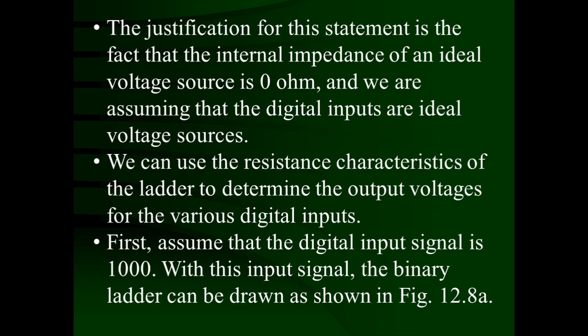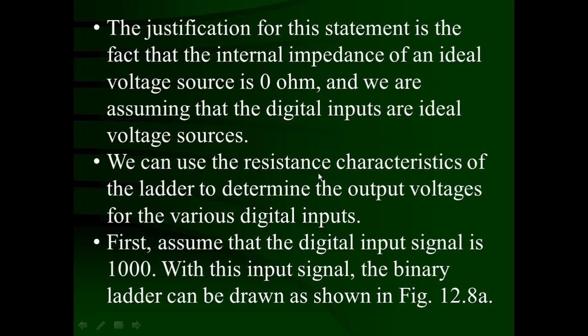And hence, in both conditions, whether it is connected to the 0 or to the 1, the resistance from any node toward the digital input is going to be 2R only. The justification for this statement is the fact that the internal impedance of an ideal voltage source is 0 ohm, and we are assuming that the digital inputs are ideal voltage sources.